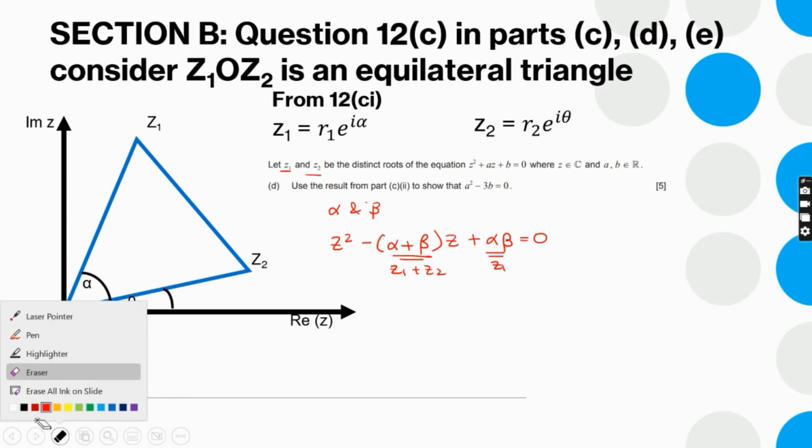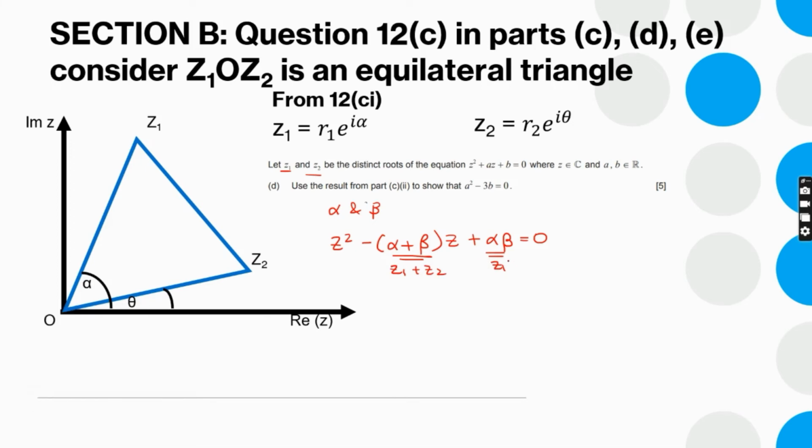Z1 times z2. Okay, so now I'm going to transform this expression accordingly. So z1 plus z2 is equivalent to minus a. That's the first expression.